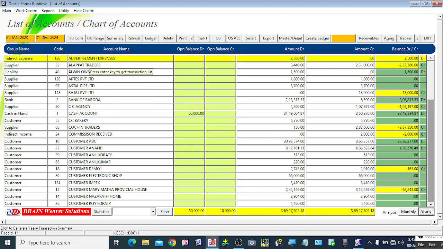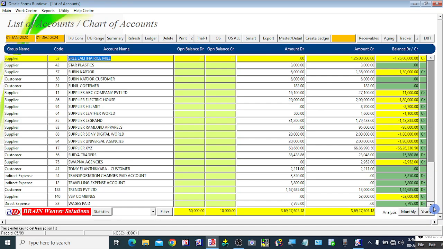Similarly, if you want to generate a trial balance by clicking the trial balance range button, we can generate a trial balance at any moment. In this list of accounts, this is the trial balance as of today, a consolidated trial balance.